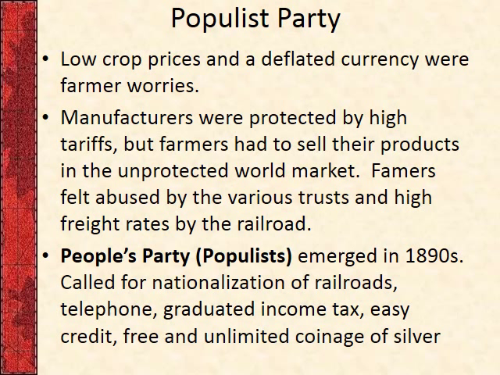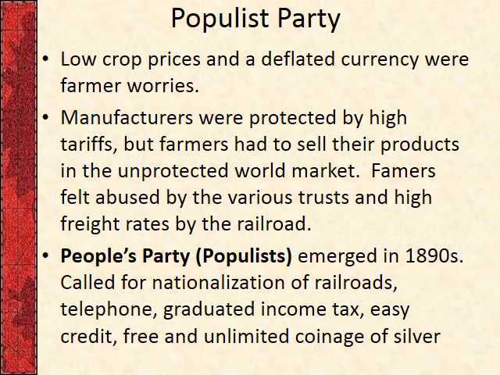More and more people were growing crops at a higher and higher degree. And so whenever you're increasing the amount of something that you're selling, but the demand can't keep up with it, the price is going to be low, right? So the price of these crops was very low. In addition to that, we have a deflated currency. Remember all the monetary stuff we talked about last chapter.